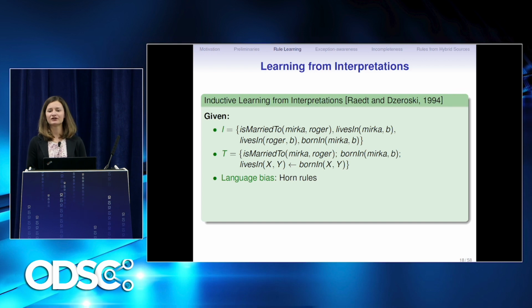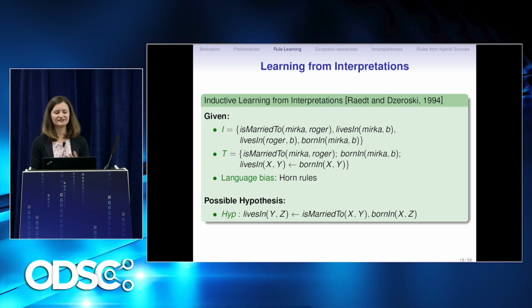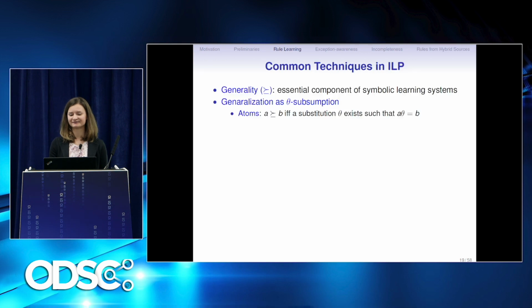And what we want to learn is a set of other rules that we could add to this theory that we have, such that our interpretation will become a valid model of the whole program. Right, so in this example, one of the hypotheses would be the one presented on the slide. But conceptually, what is important is that there are these two main ways of learning rules from the data.